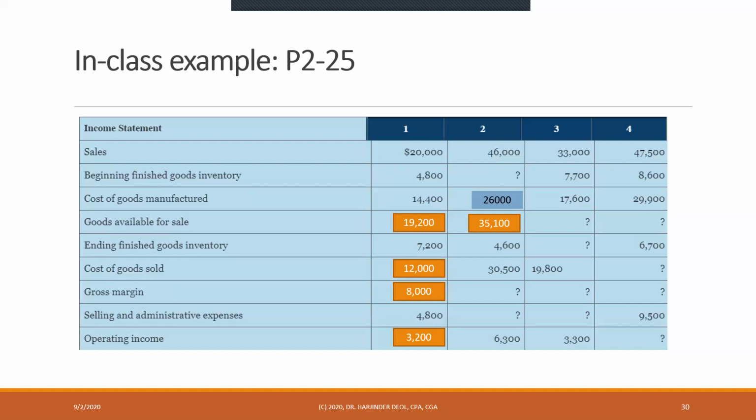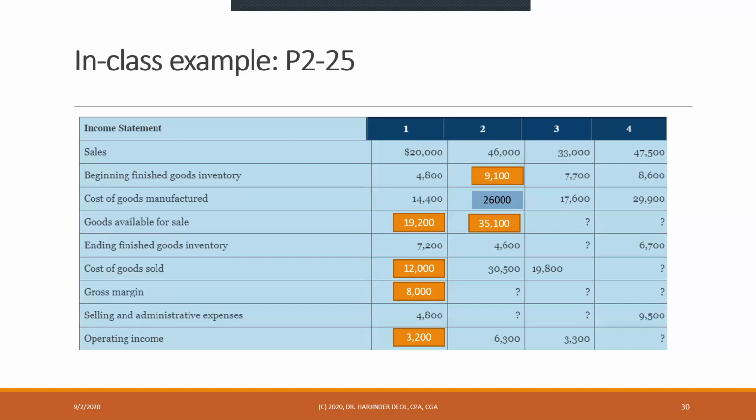Now, if 35,100 was the cost of goods that were available for sale, and the company manufactured goods costing 26,000 in the period, the beginning finished goods inventory must have been the difference. So 35,100 minus 26,000, or $9,100.